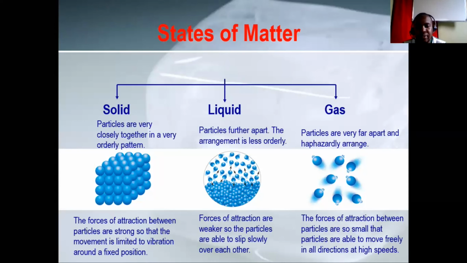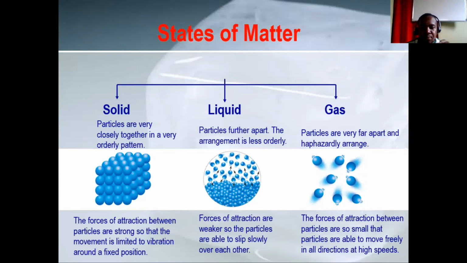The force of attraction for liquids is weaker, so that's the reason why they can have more space in between their particles. So the particles can slip over each other, just like in water. And for gases, the force of attraction is very small, so the particles are free to move wherever they want.